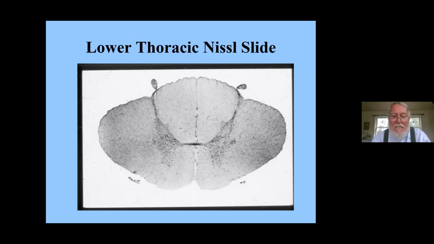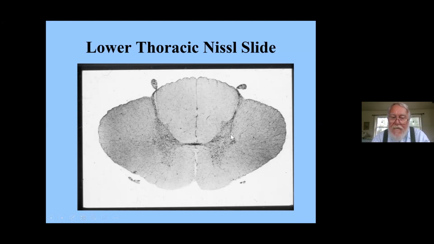So what we can see right in here is the dorsal root ganglion. And then we can see the dorsal horn that's relatively thin here. And then we can see the nuclei of Clark here and here.